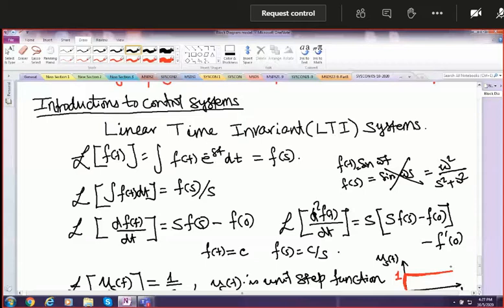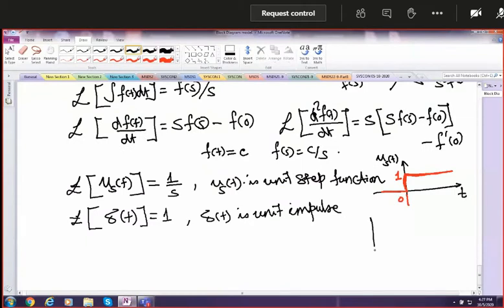Similarly, what is the unit impulse? It is a pulse of some width, let's say epsilon, and height h, where h is equal to 1 by epsilon.